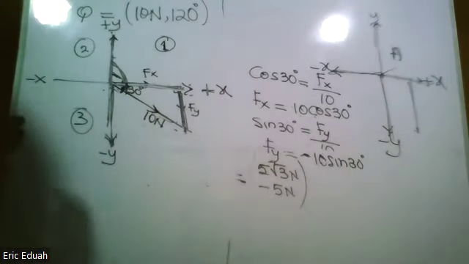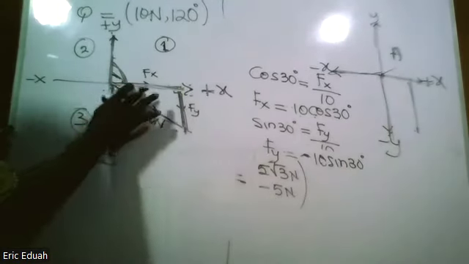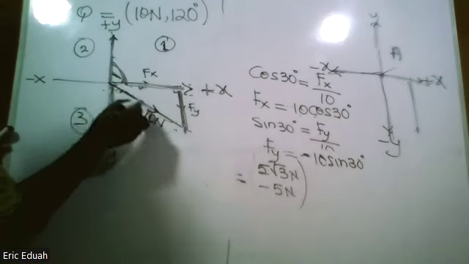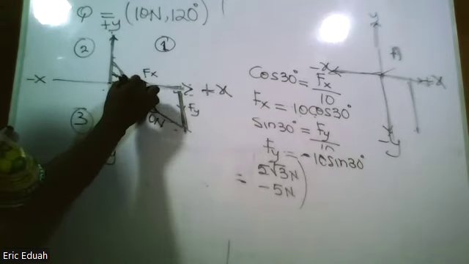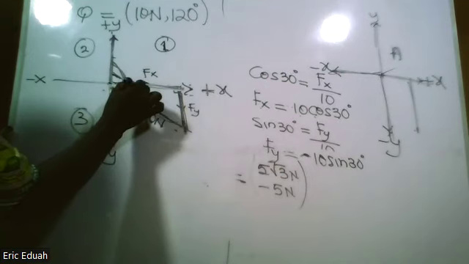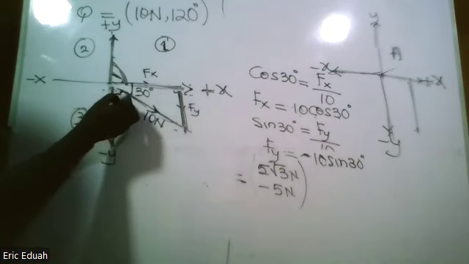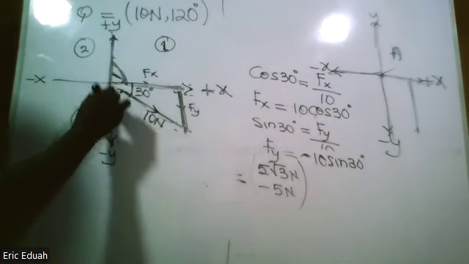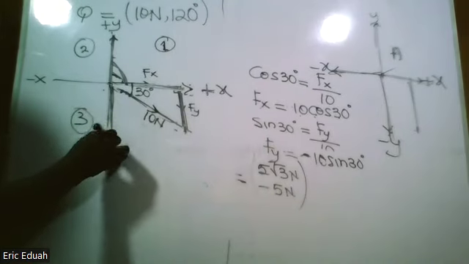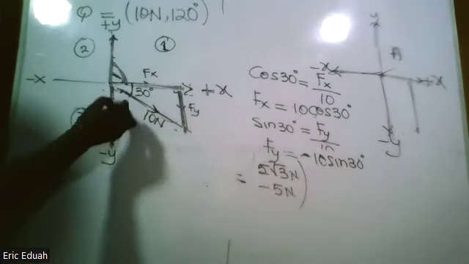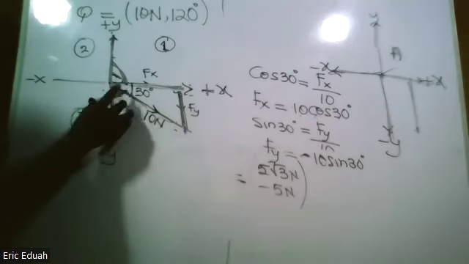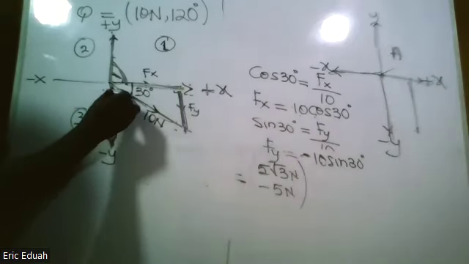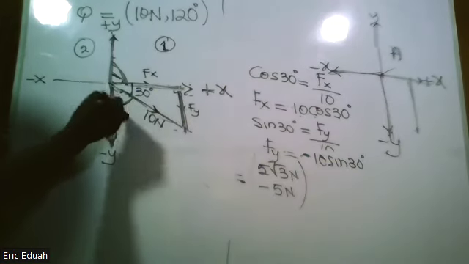If this is 30 degrees, what is the remaining angle to the y-axis? 60 degrees. Good. So the same vector 10 makes an angle of 60 with the y-axis.